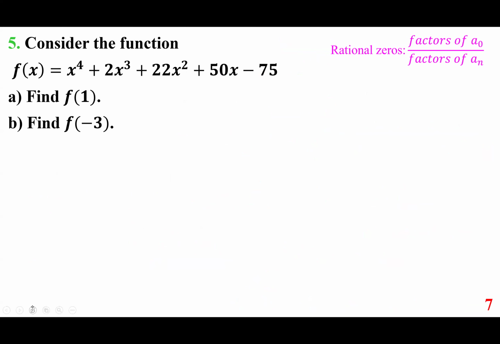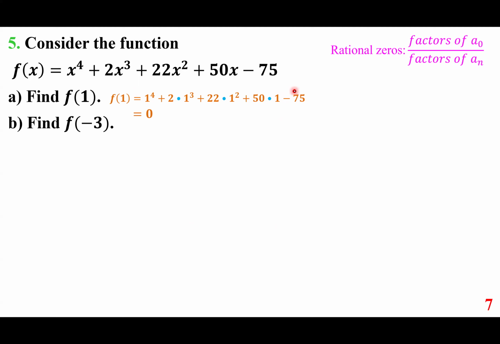Consider the function f of x equals x to the power 4 plus 2x cubed plus 22x squared plus 50x minus 75. We want to find f of 1, we want to find f of negative 3, and I'm reminding you of rationals. So obviously, plug in 1. That means 1 to the power of 4, 2 times 1 cubed, 22 times 1 squared, plus 50 minus 75. And this becomes 1 plus 2 plus 22 plus 50 minus 75.